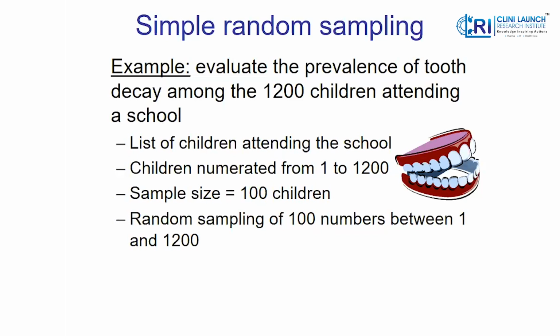They will be labeled from 1 to 1200. And you are given that the sample size will be 100 children. So now you will randomly sample children from those 1 to 1200 students that are labeled prior. How you will do the random sampling is described in the further slides.